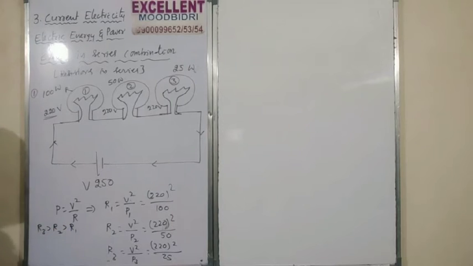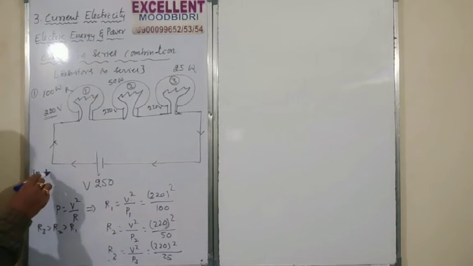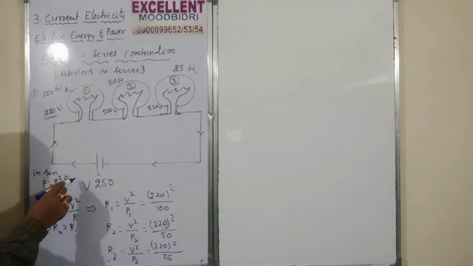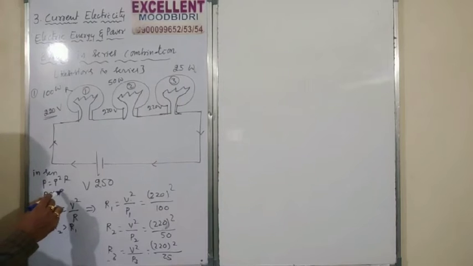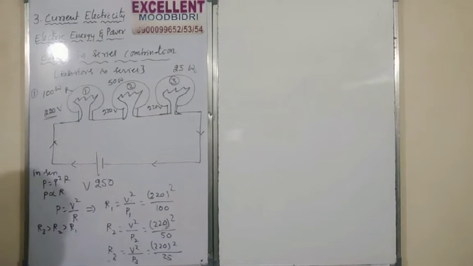In series combination, P is equal to I square into R, that means P is proportional to R. Therefore P3 is greater than P2 is greater than P1.